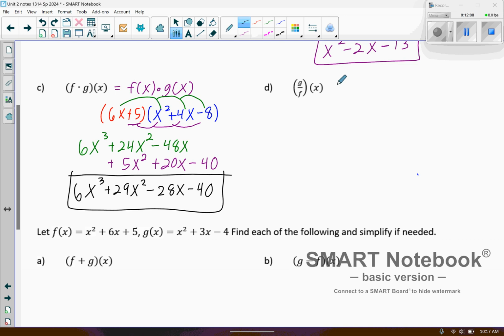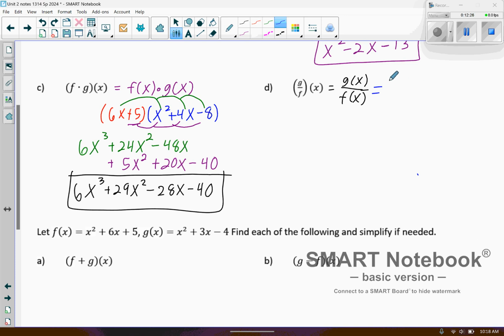Okay, for part D, this is usually one of the easier ones. For the most part, we're not really going to see anything simplify on these, but we will in a later section in Unit 3. So in Unit 3, we'll talk more about functions that look like this.